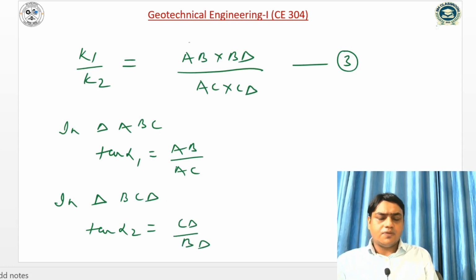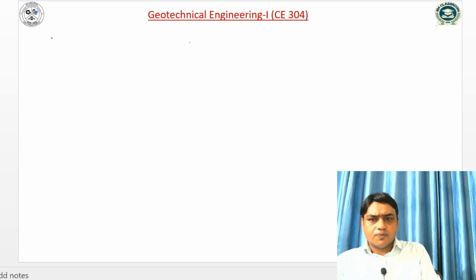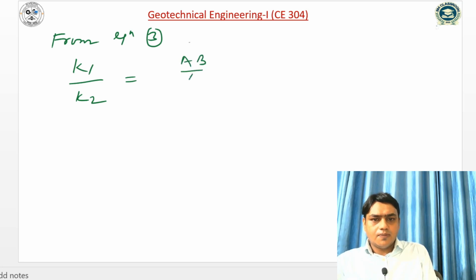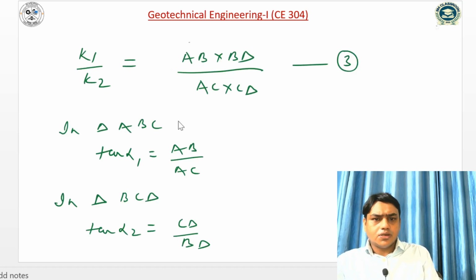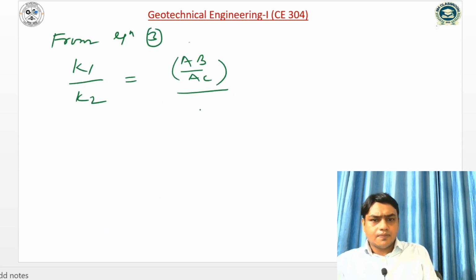From equation 3, K1 by K2 is equal to AB by AC divided by CD by BD.